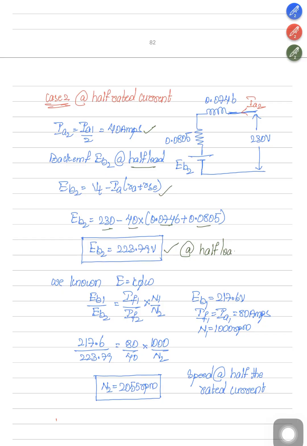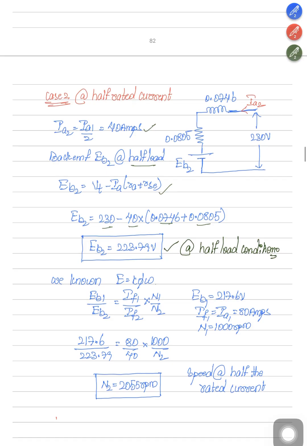We already know the back EMF formula E equals K into phi into omega. Here, flux is directly proportional to field current. In a series motor, Ia equals If, so flux is directly proportional to armature current.